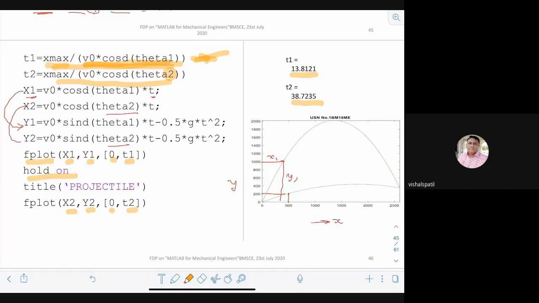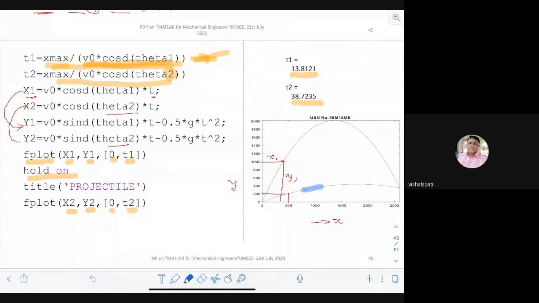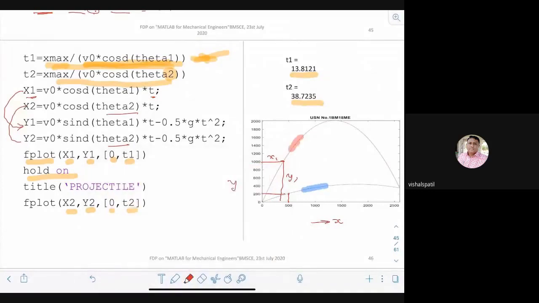You can see this curve here. This is the blue curve, and this one is the second possible path. One reaches in 13.81 seconds. The angle at which this projectile is fired is the tangent here, and that angle is around 26 degrees.